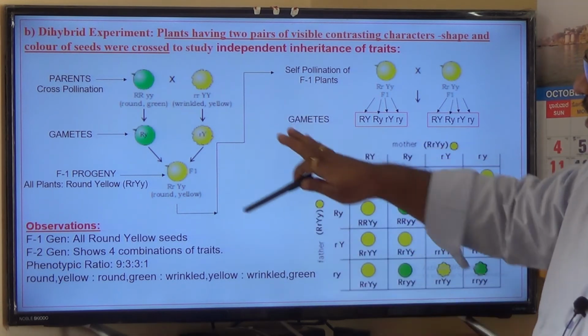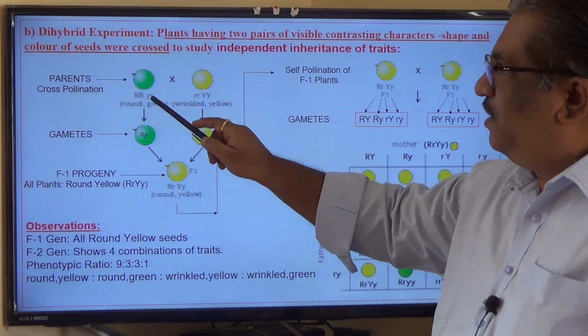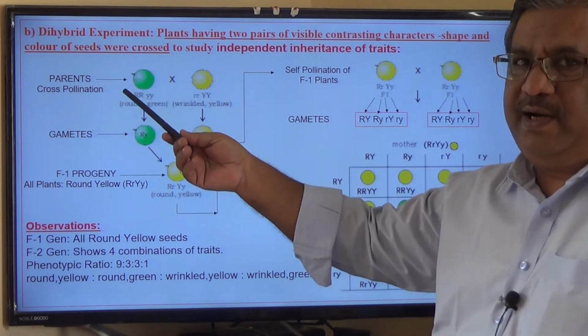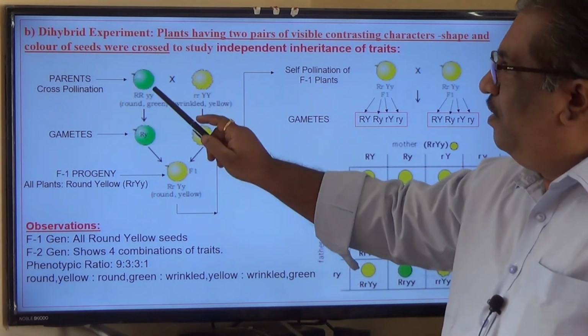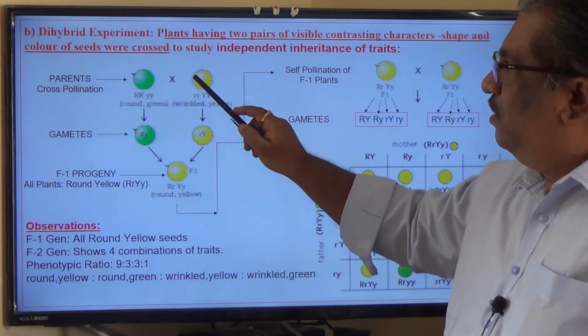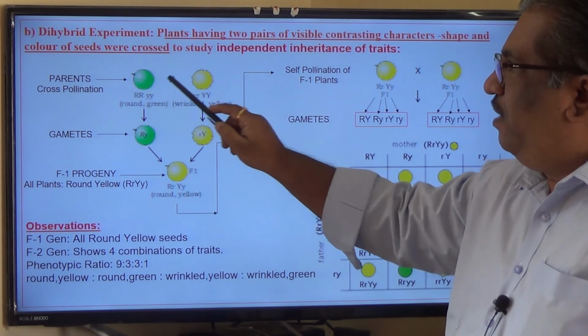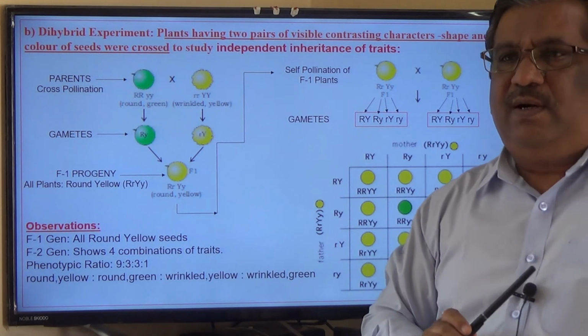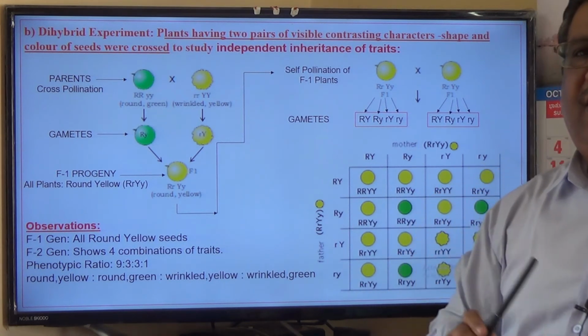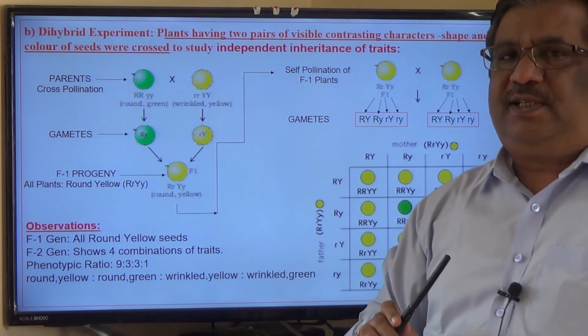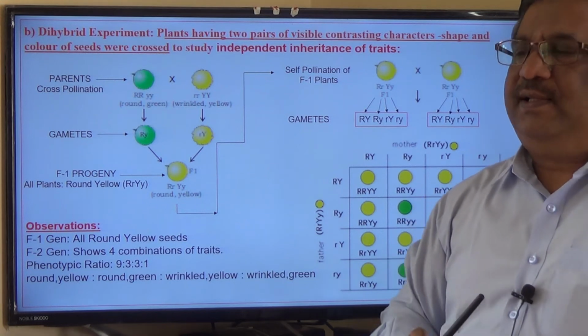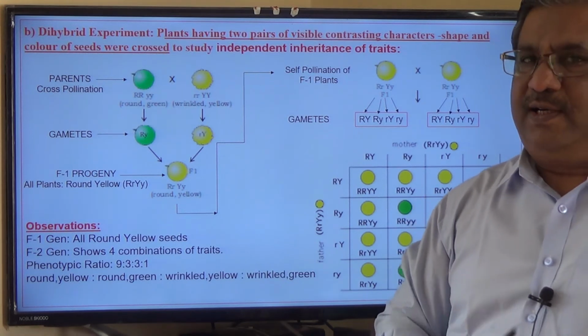So let us try to understand this here. These are the parent plants, or truly bred plants you can say. Round, wrinkled, green, yellow. Please remember, always the dominant traits are represented by capital letters and recessive traits are represented by small letters.